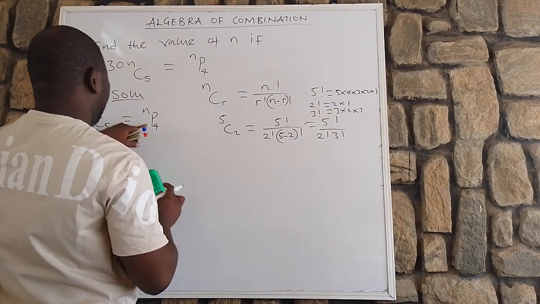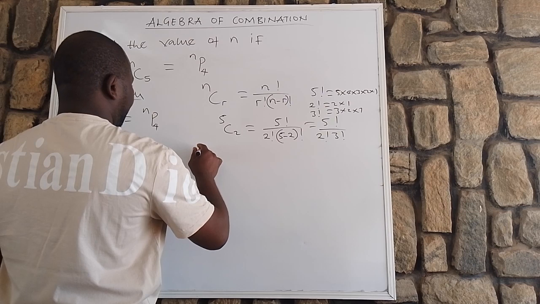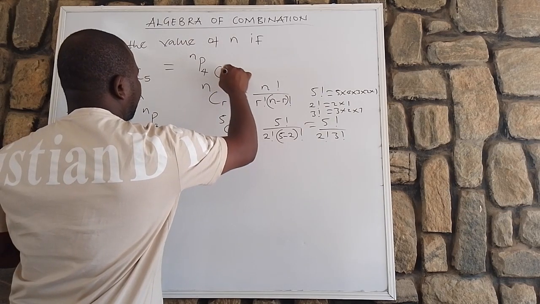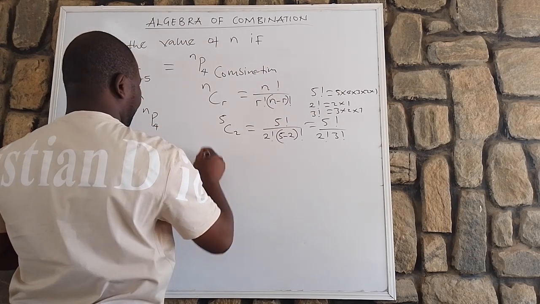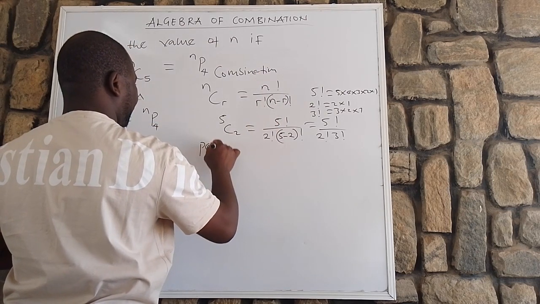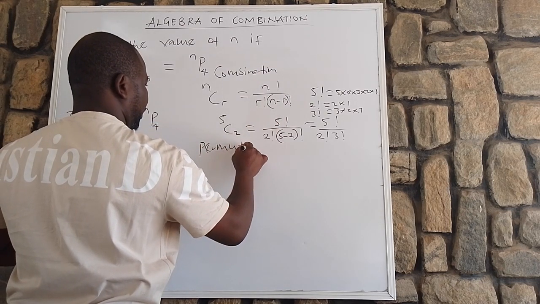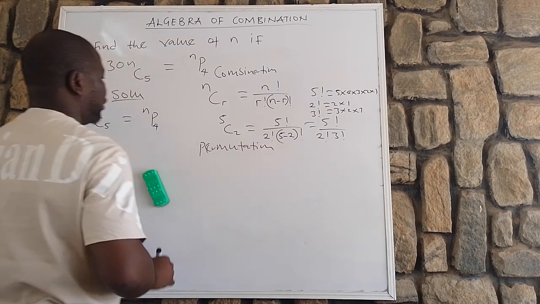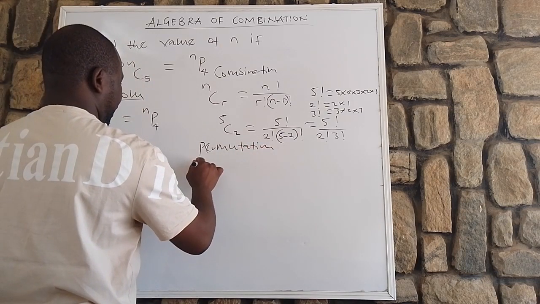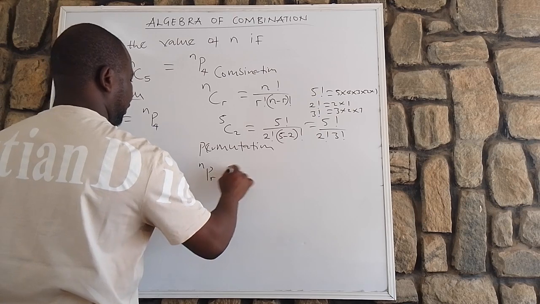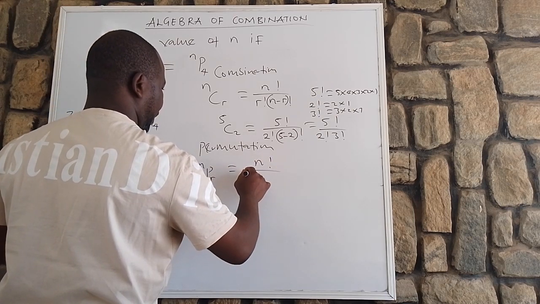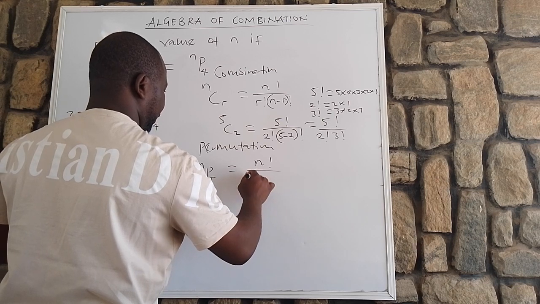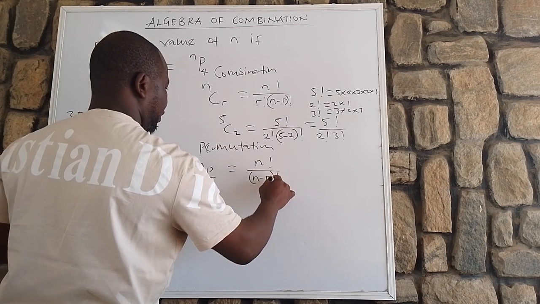So now let us define permutation. This is the definition of combination, then the definition of permutation. The definition is n permutation r is equal to n factorial all over (n minus r) factorial.